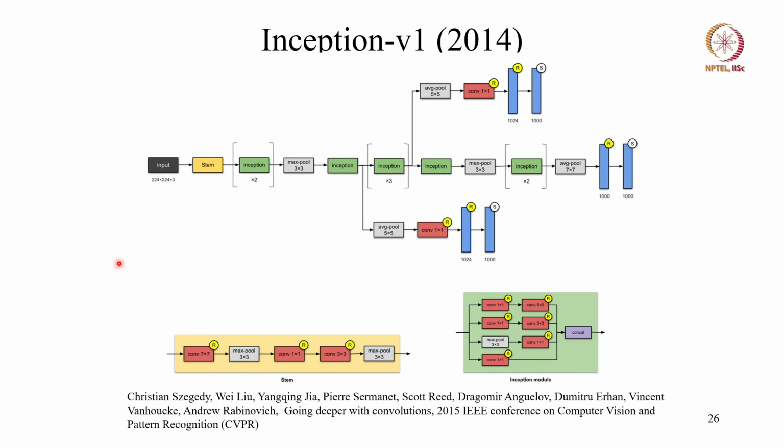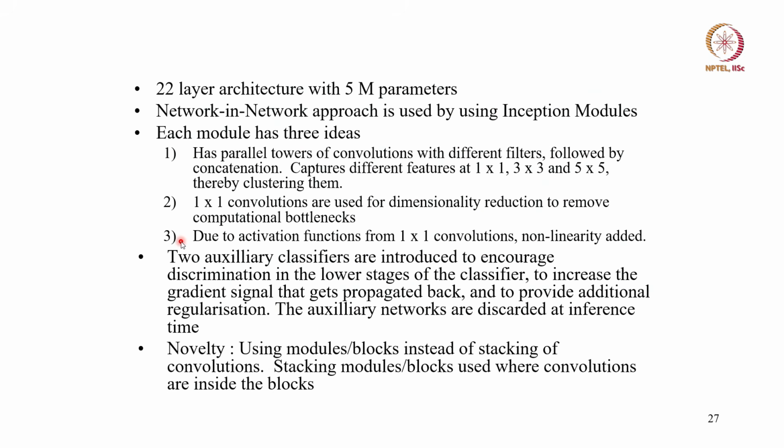So this was around 2015 basically. This is a 22 layer architecture with 5 million parameters, network in network approach. These are the ideas which have been used here.